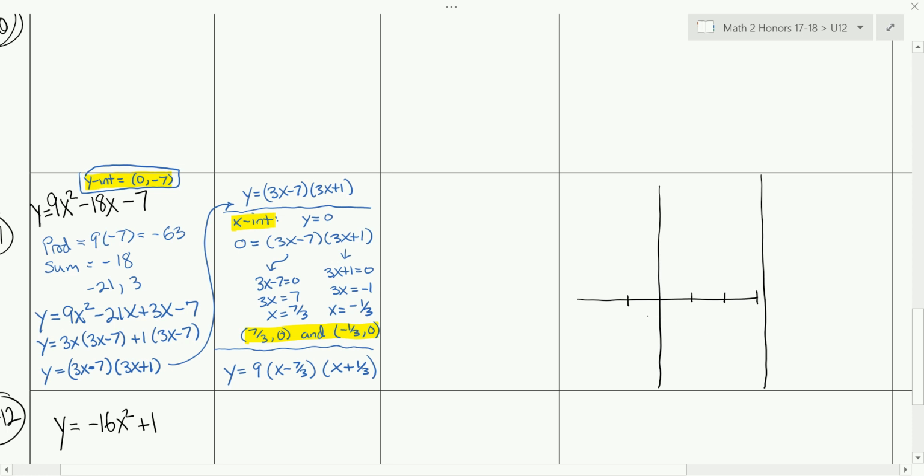So I have a y-intercept at -7. There. I have an x-intercept at -1/3. Where would I put that? Yep, -1/3 between 0 and -1.